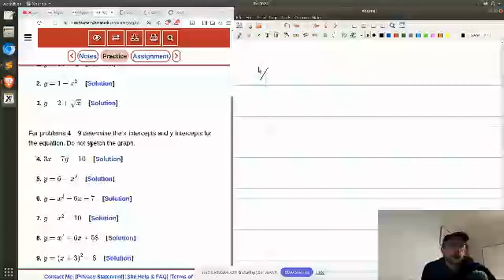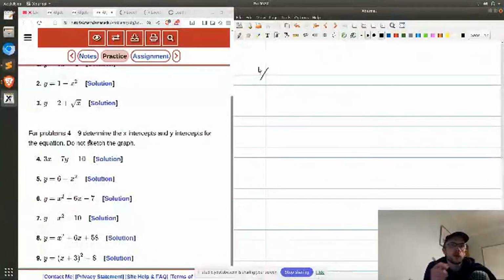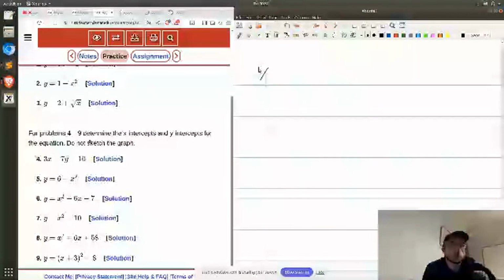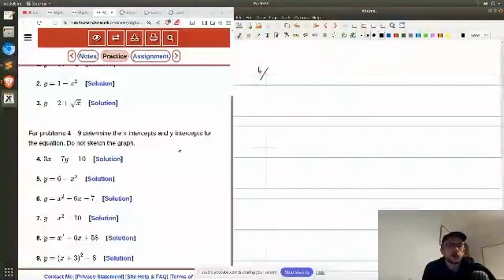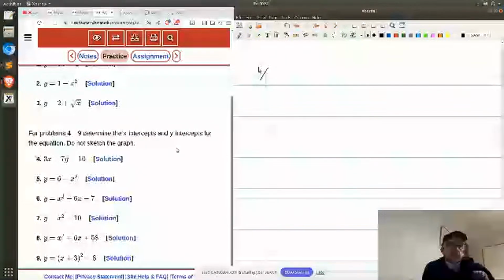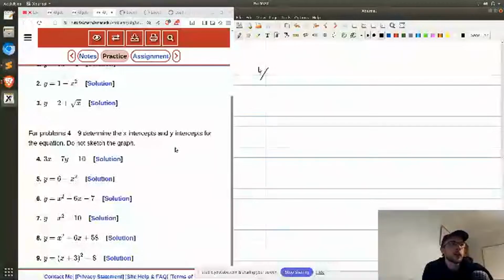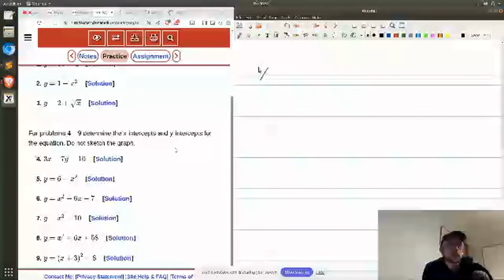And the reason being, when it crosses the x-axis or the y-axis, one of the coordinates will be 0, right? And your job is to find the other one. Okay? So when the curve, whether it's a straight line or a curve, crosses the x-axis, the y coordinate of where it crosses the x-axis will be 0.